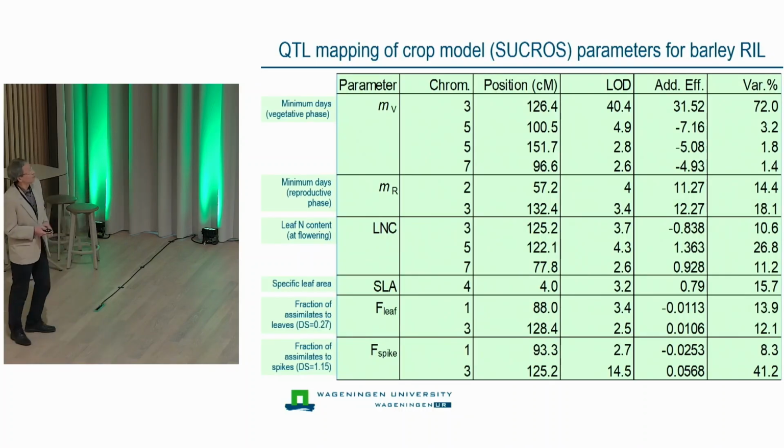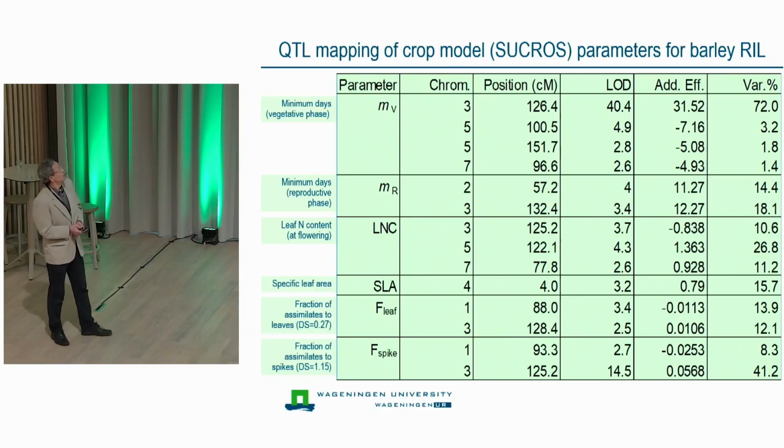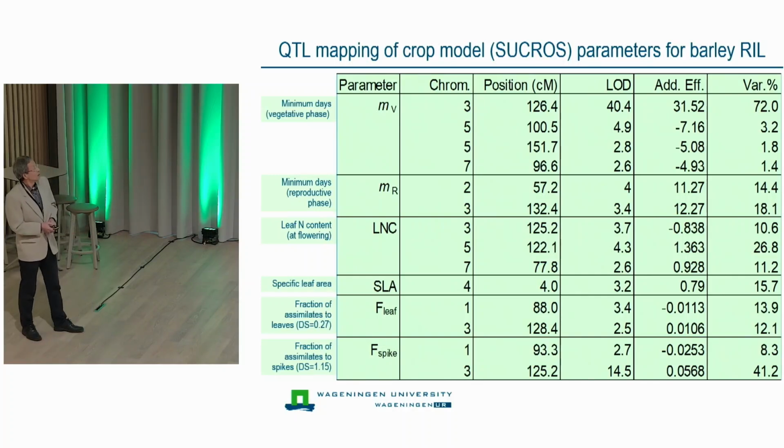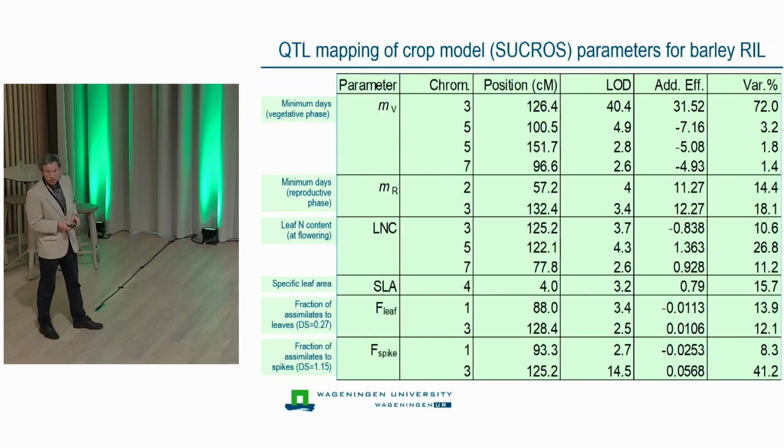One of the very early examples that we did was to map the SUCROS model input parameters using a recombinant inbred line population. This table shows the QTL mapping results for the model input parameters.